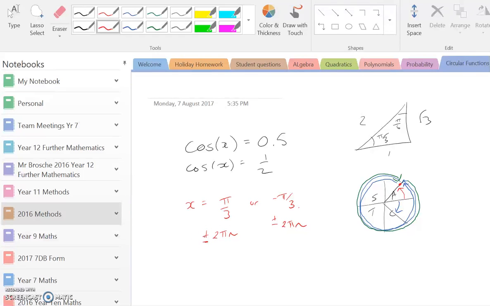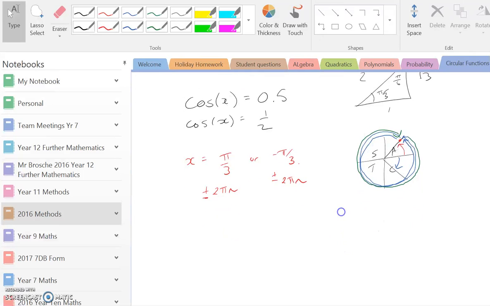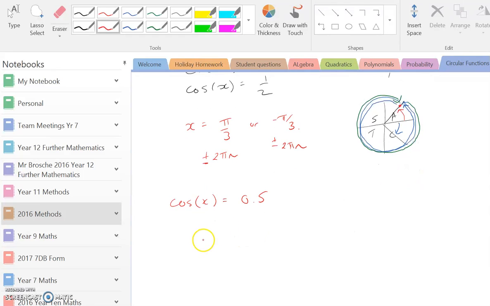So what does the general formula say? It says that cosine x being a half, the general solution says I get my x value by going multiples of 2 pi plus or minus the inverse of 0.5.